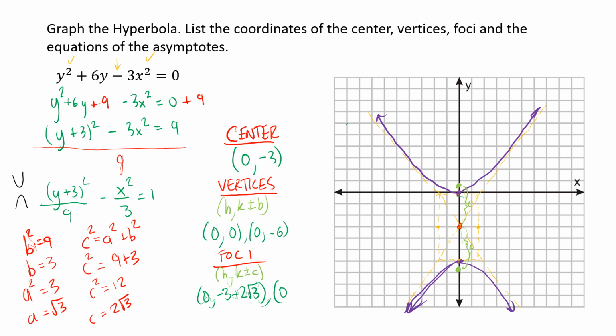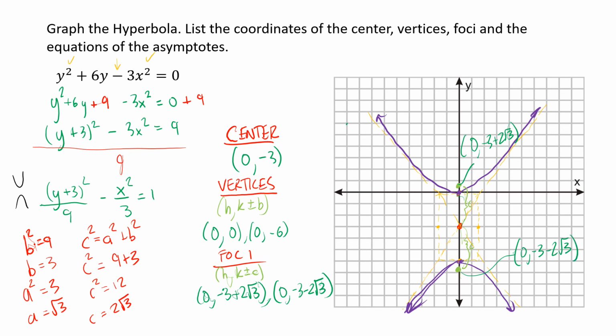And then 0, comma negative 3 minus 2 root 3. So that's the center, the vertices, and the foci. We can label these foci. This one was 0, comma negative 3 plus 2 root 3. And this one was 0, comma negative 3 minus 2 root 3.